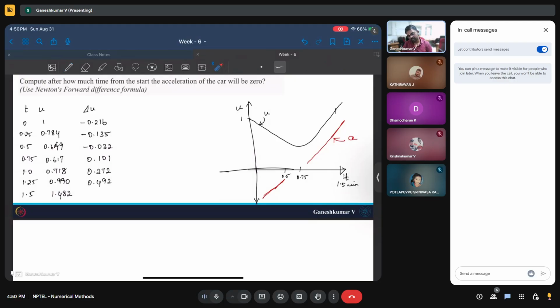So here you can see that this delta u is negative till 0.5, and from 0.75 it is positive. That's also an indication that from here to here something is changing.